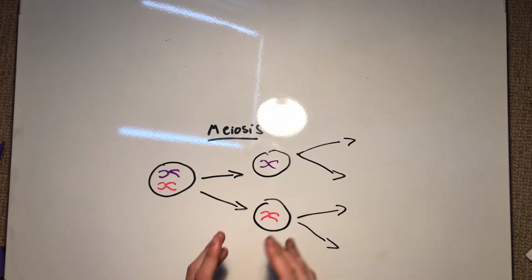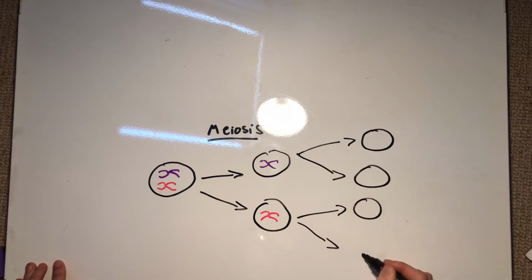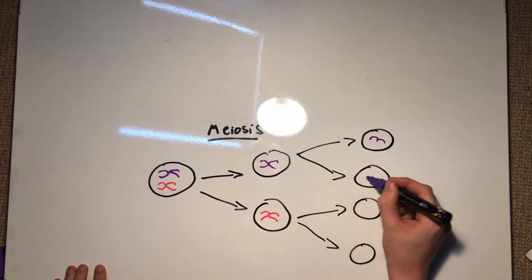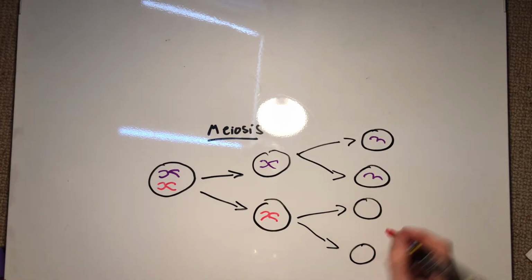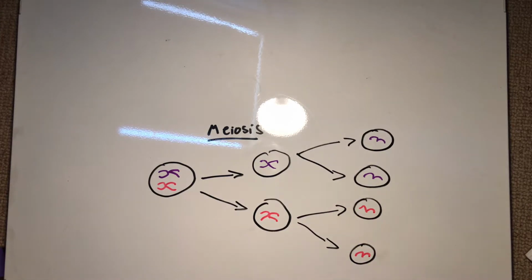These chromosomes get split into chromatids, meaning you have half the normal number of chromosomes. So one here, one there, one there, one there. Now we've got haploid cells, with half the normal number of chromosomes.